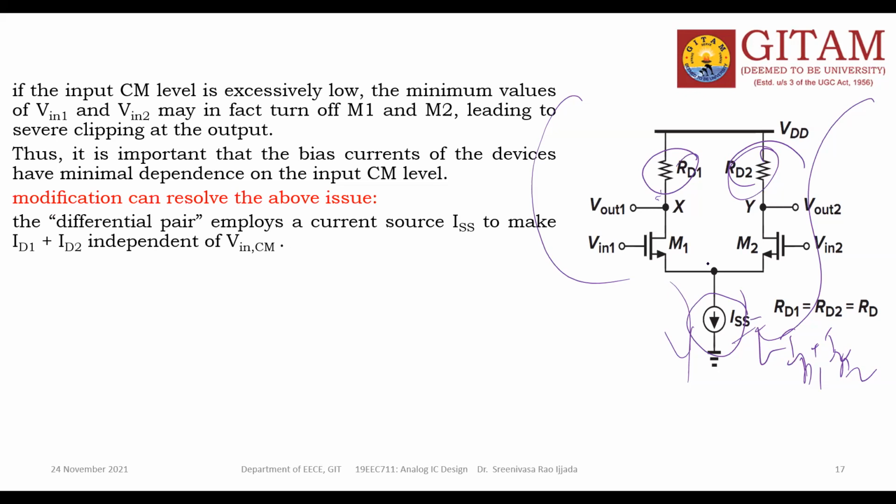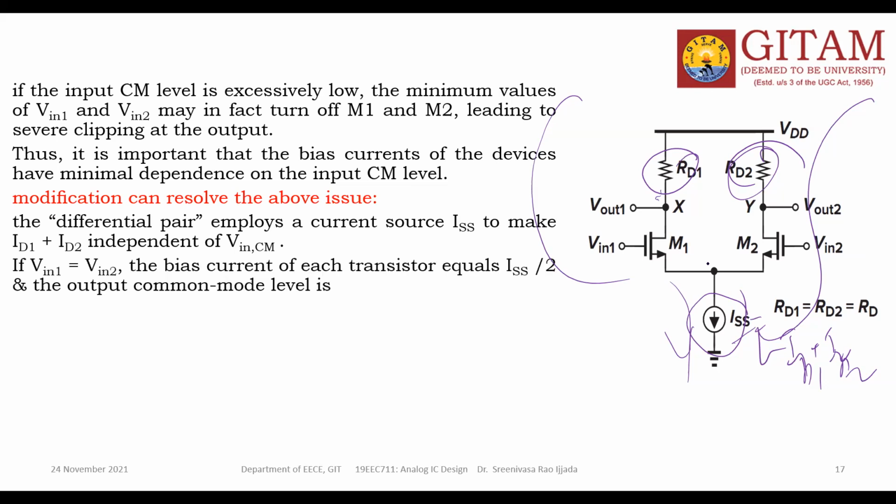One is ID1, one is ID2. Then total ISS is equal to ID1 plus ID2. Yes, VN1 and VN2 both are exactly equal. This voltage and this voltage are equal. Then of course, this transistor carries half of the current, and this transistor carries half of the current. Both carry half of ISS. Total adds up to one.